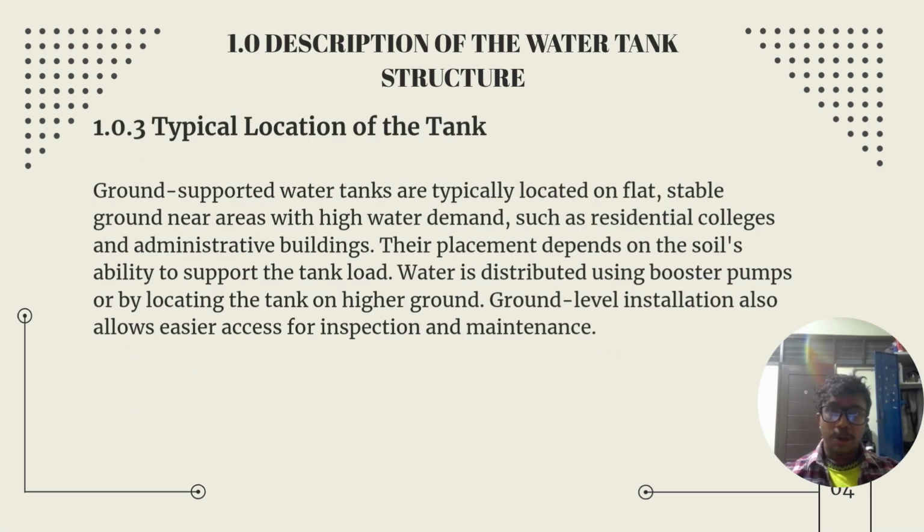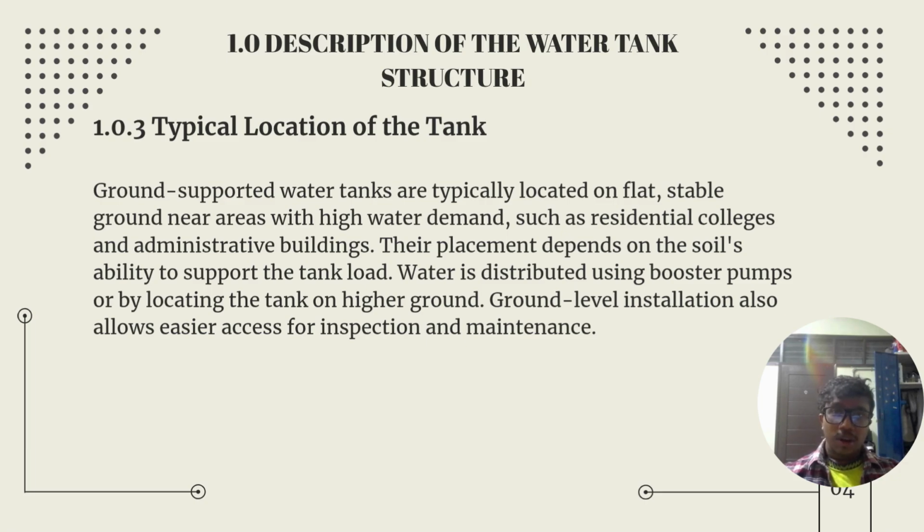Now I'm going to talk about the typical location of the tank. Firstly, ground-supported water tanks are typically located on flat, stable ground near areas with high water demand, such as residential, college, and administrative buildings. Their placement depends on the soil's ability to support the tank load.